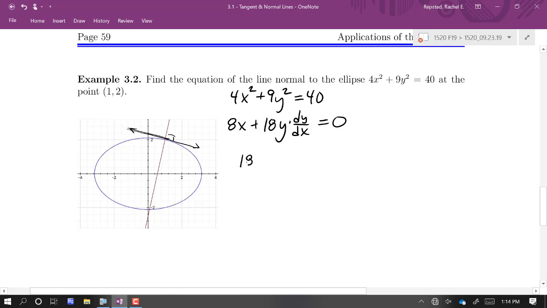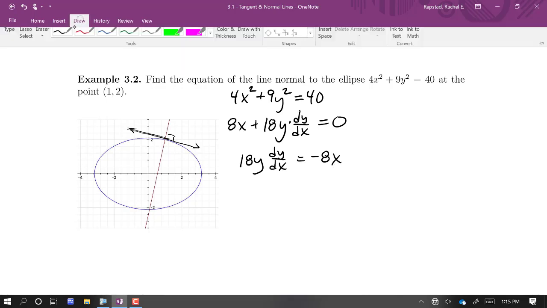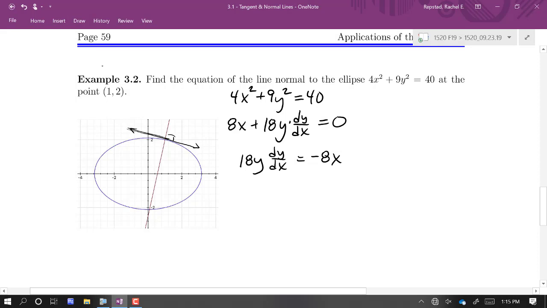This means that 18y dy/dx is equal to -8x. And then to find dy/dx, all we need to do now is divide by 18y. If we reduce, we get -4x over 9y.